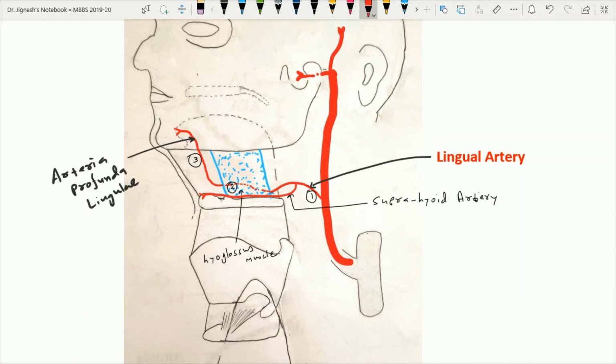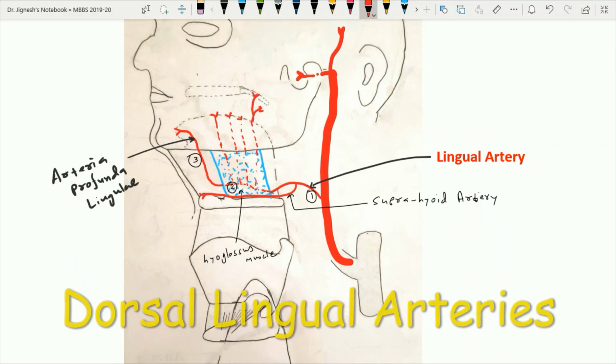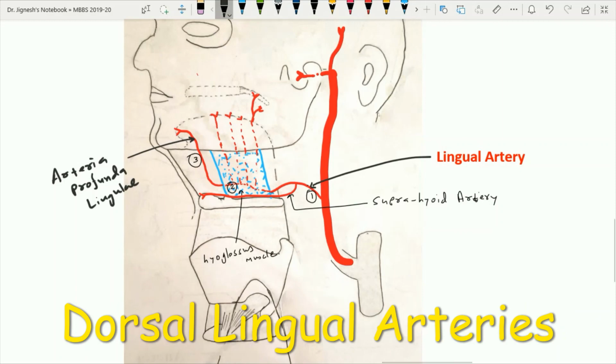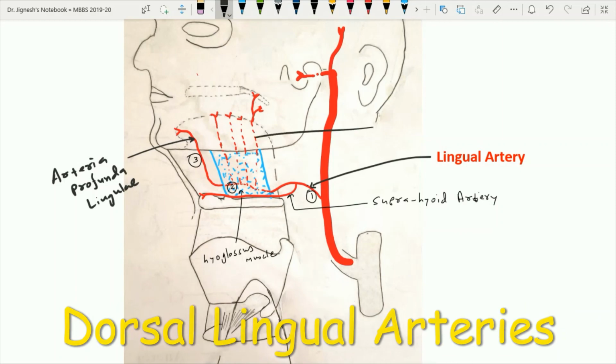The second set of arteries are from the second part of the lingual artery, and these arteries pass upward, and they are 3 or 4 in number, and they are going to supply the dorsum of the tongue as well as the tonsil as well as the soft palate. And these branches are called the dorsal lingual arteries.